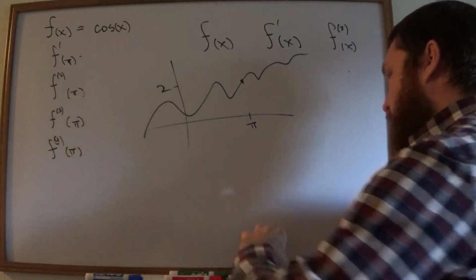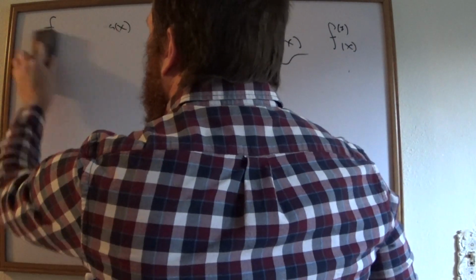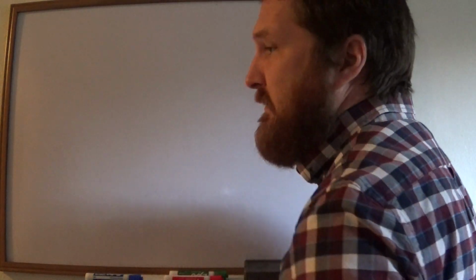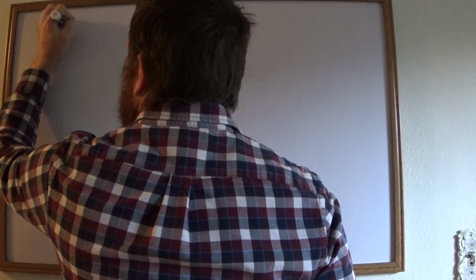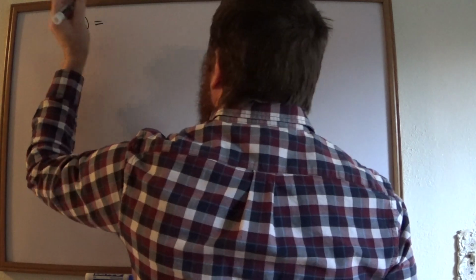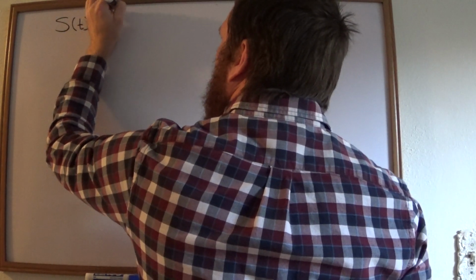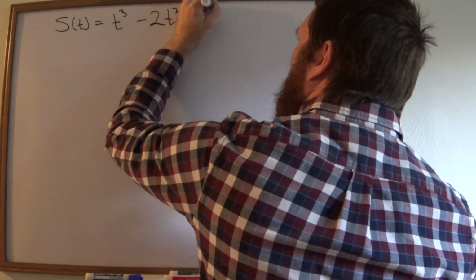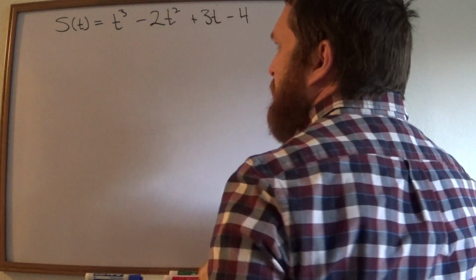Okay, all right, cool. Couple bookkeeping things, because I might very well ask you a question involving velocity. Like what I'm going to do is say your position as a function of time is given by t cubed minus 2t squared plus 3t minus 4.